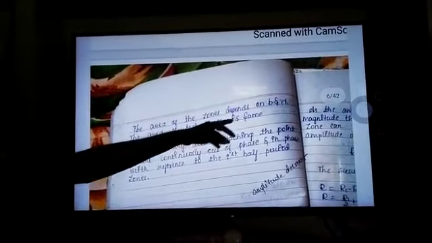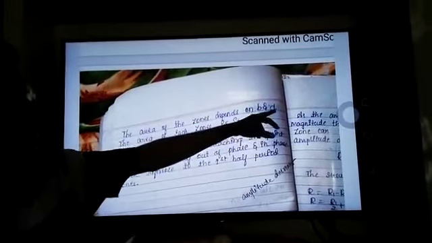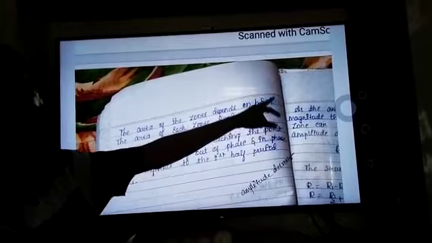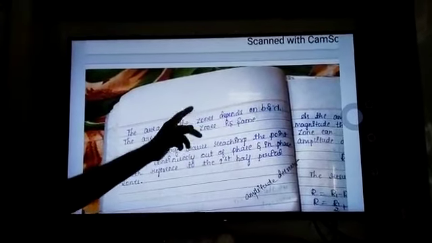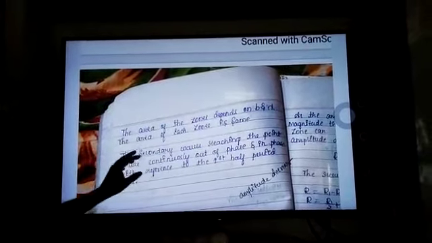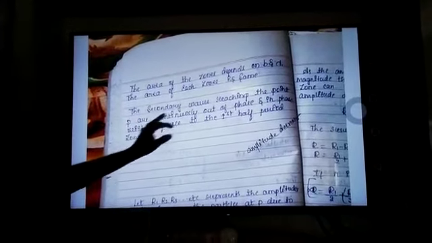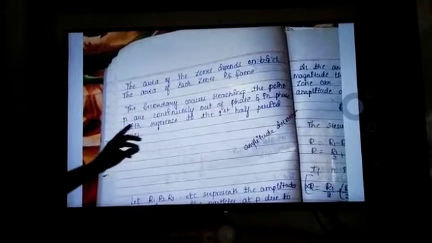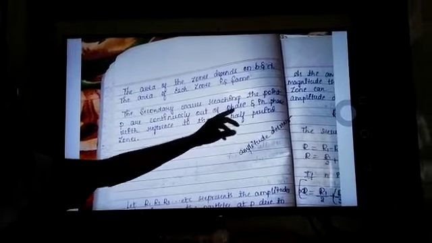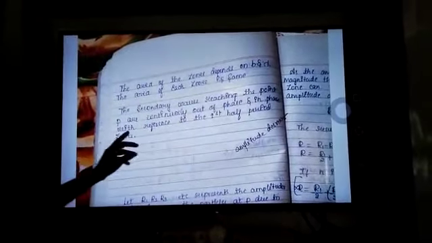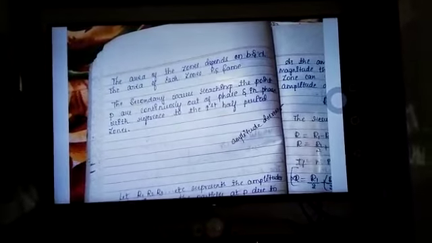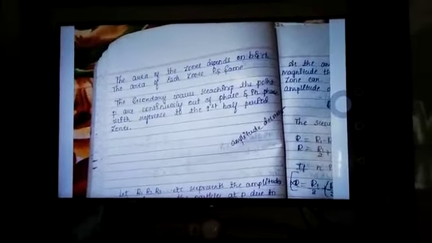The area of the zone depends on b and lambda. Lambda is the wavelength, b is the distance. The area of each zone is the same. The secondary waves reaching the point P are alternately out of phase and in phase with reference to the first half-period zone.